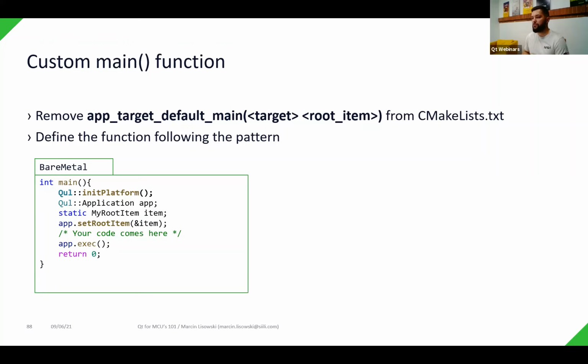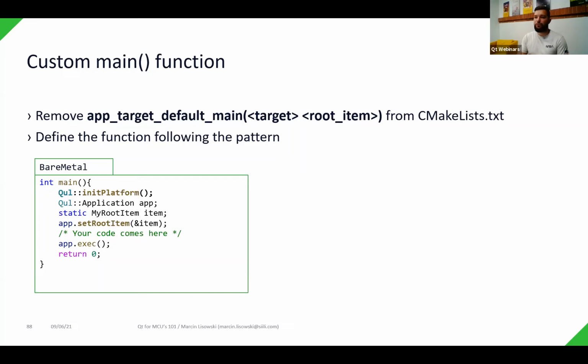Then you just have to remove the CMake API that we are currently using in our application, the app target default main, which provides the default implementation of the main function. Then you define your own implementation in a separate C++ file in your solution, compile it together with your app, and that's all.